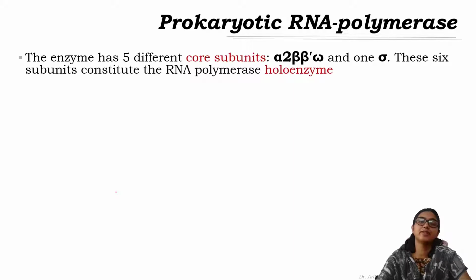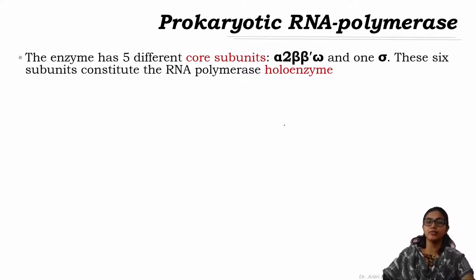This enzyme, as we have discussed, is a multi-subunit enzyme. Let's see what the different subunits are. Prokaryotic RNA polymerase has 6 different subunits, amongst which there are 5 core subunits: 2 alpha subunits, 1 beta subunit, 1 beta dash subunit, and 1 omega subunit.